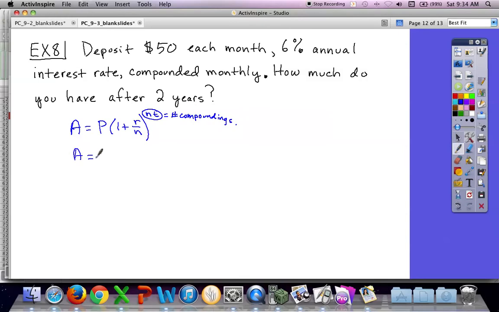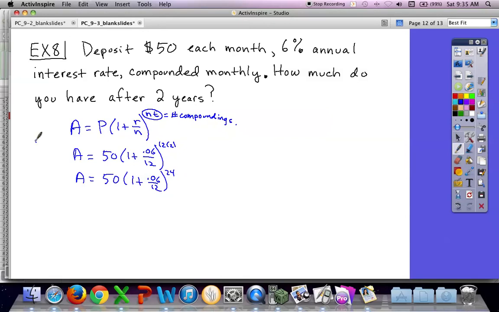A equals $50 times 1 plus the interest rate, 6%, so 0.06, compounded monthly so over 12, raised to the 12 times 2 power. So A equals 50 times 1 plus 0.06 over 12 to the 24. 24 is how many times this was compounded.